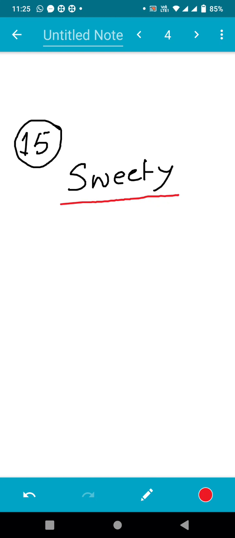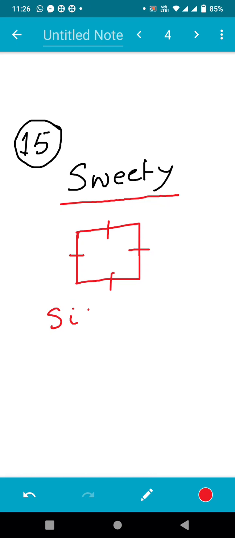Now Sweetie runs around the boundary of a square, isn't it? Let me draw you one square then. So this is a square, and in a square we know that all the sides are equal, isn't it? Now what is the length of each side of the square?